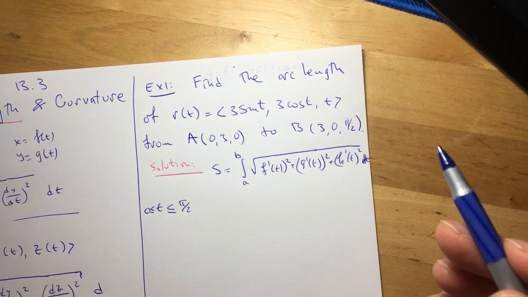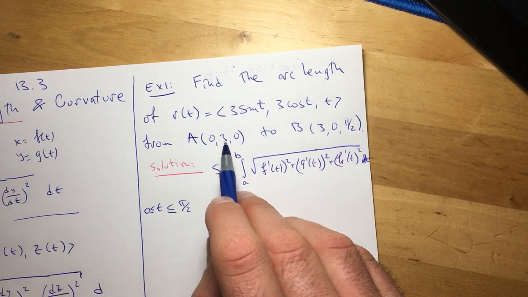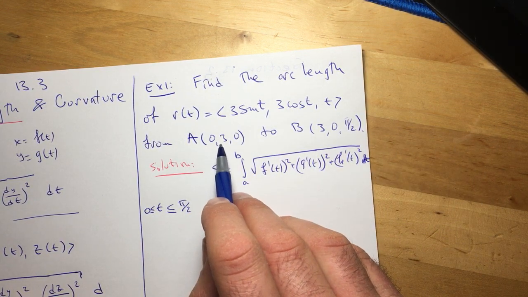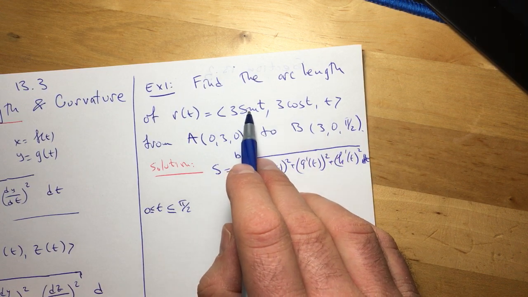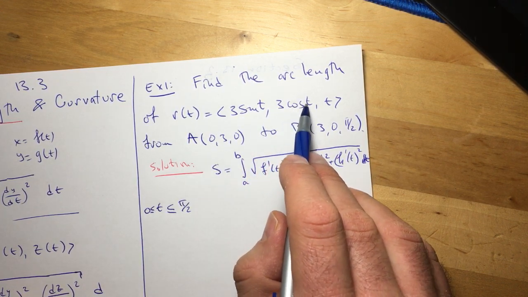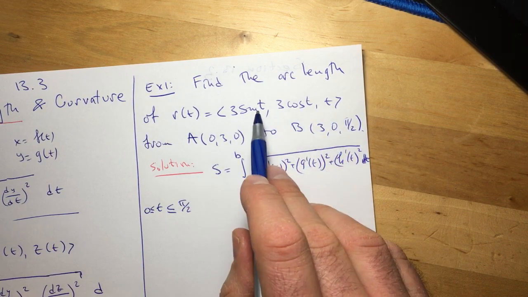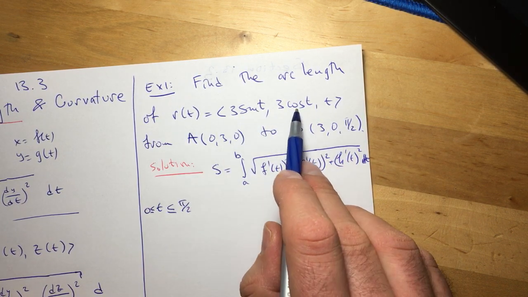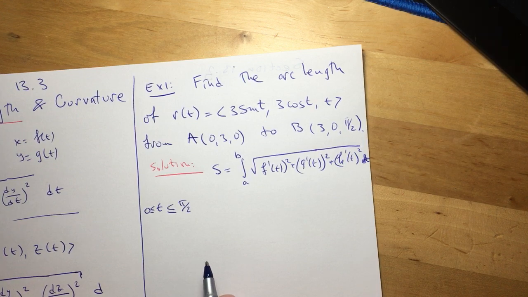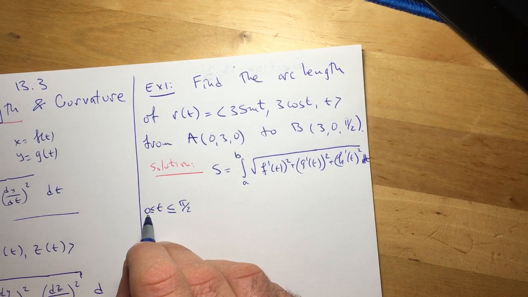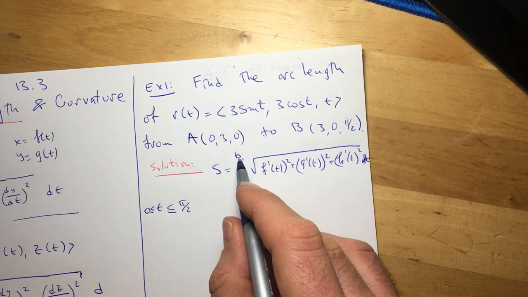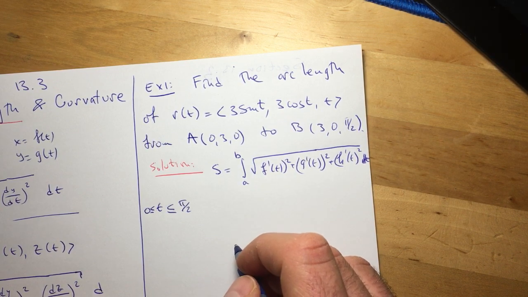Of course, it's very easy to check whether that's in accordance with the other two components. When t is 0, sine of 0 is 0, good. Cosine of 0 is 1, times 3 is 3, very good. When t is pi over 2, sine of pi over 2 is 1, times 3 is 3, cosine of pi over 2 is 0. Okay, so first of all, I know the limits: a is 0 and b is pi over 2.